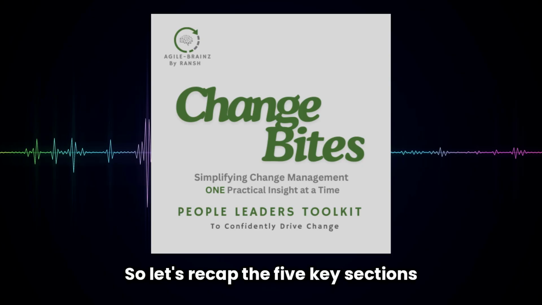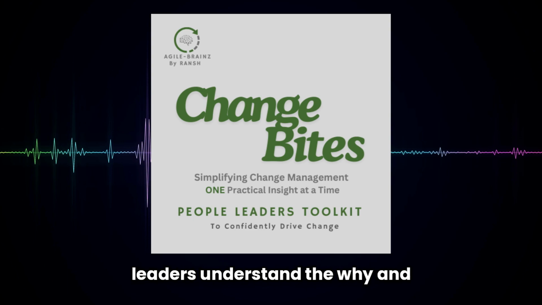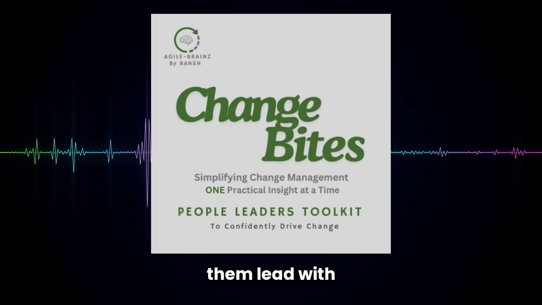So let's recap the 5 key sections in the People Leaders Toolkit. 1. Context and purpose. So leaders understand the why and what's in it for their teams. 2. Leadership tips to help them lead with confidence and credibility. 3.